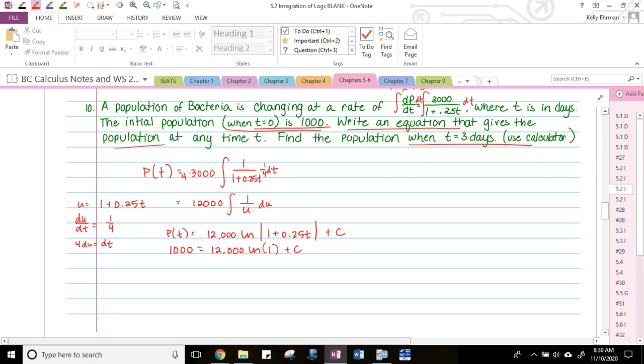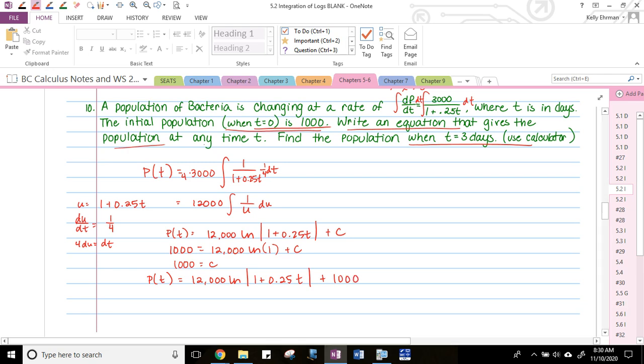And remember, natural log of 1 is 0. So c equals 1,000. So P of t is equal to 12,000 times the natural log of the absolute value of 1 plus 0.25 t plus 1,000.